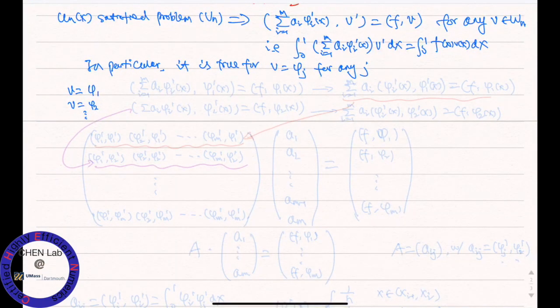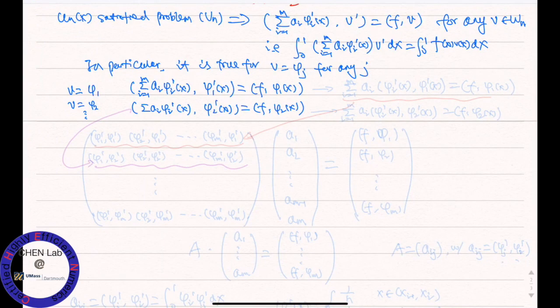When v is phi 1, what we have is the summation i from 1 to m of a_i phi_i prime of x, this is phi 1 prime of x, that's equal to the integral of f phi 1 of x, right? And when it's 2, we have this sum of a_i phi_i prime x, this with phi 2 prime x, this is equal to f with phi 2 x, right?